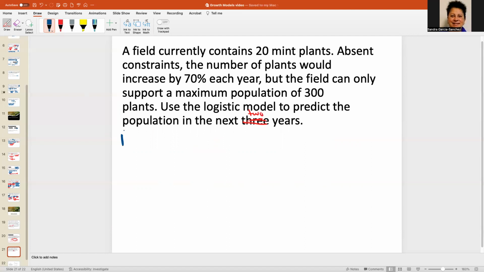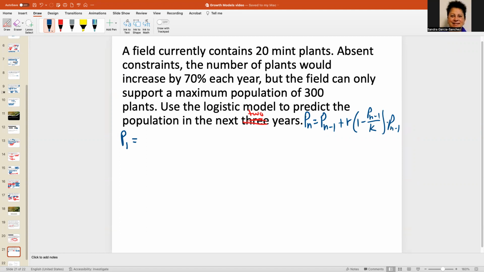Okay, to find P sub 1, P sub 0, again, let me write here the formula so you can follow me. P sub n minus 1 plus r times 1 minus P sub n minus 1 divided by K times P sub n minus 1.